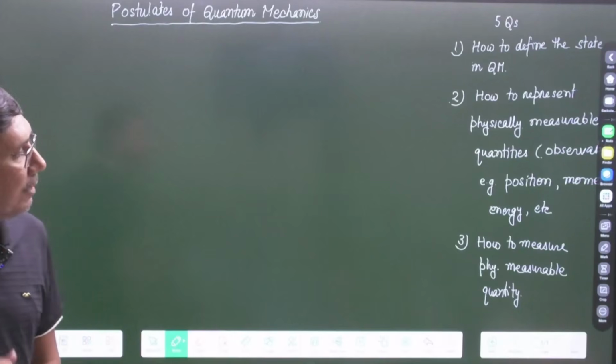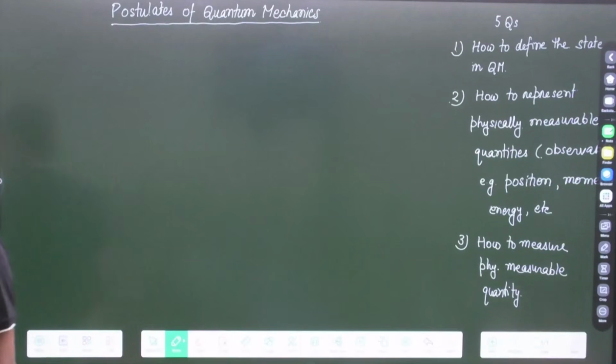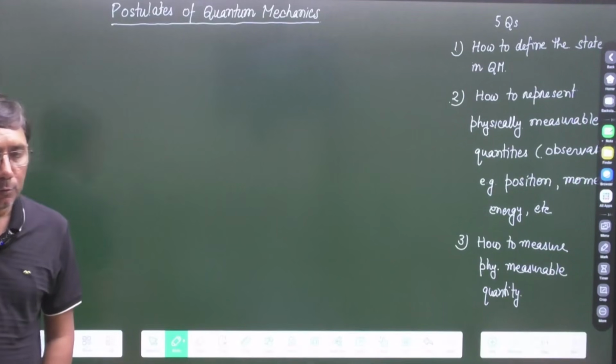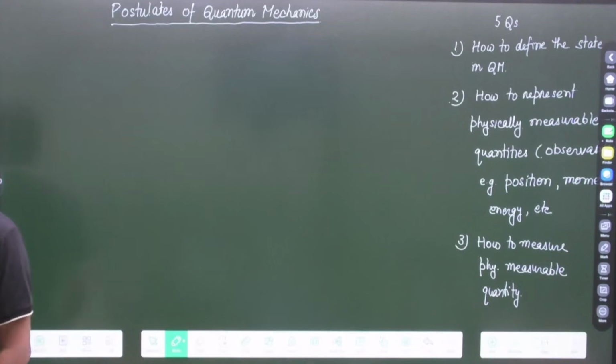Okay, so you can write the fourth point. Write: do all possible measurements of an observable in a given state lead to the same numerical value?